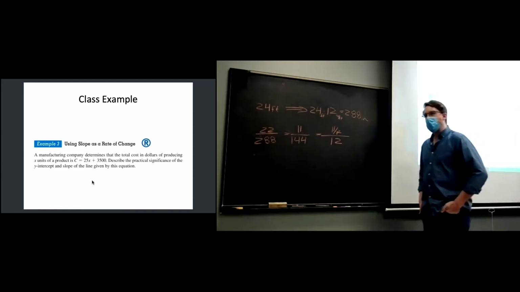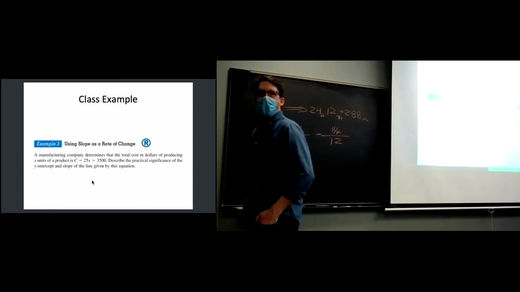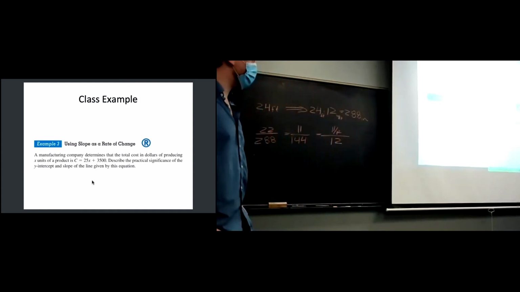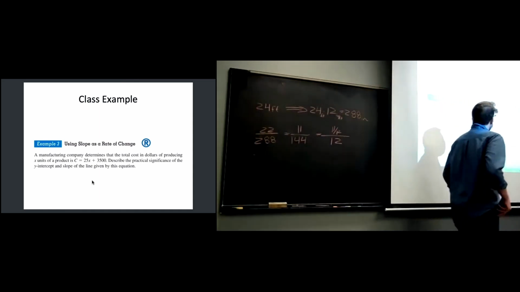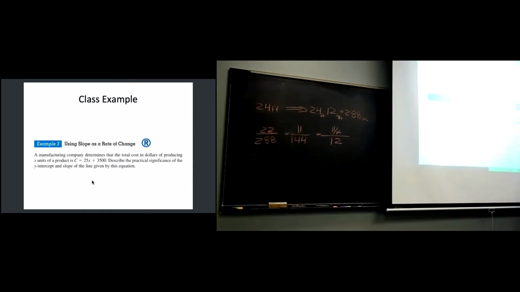What slope is telling us is for every change in x, how does y change? Or for every change in y, how does x change? We can think of it that way, right? So if we wanted to describe the practical significance of an equation, we can think of this as a ratio of change.